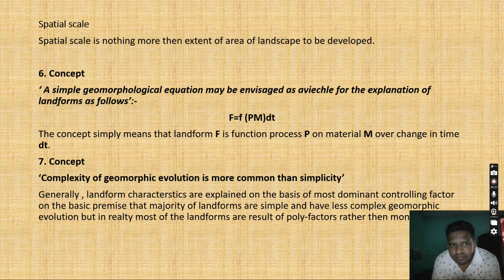What does this concept and equation mean? Basically, this equation is a vehicle that tells about the explanation of a landform. How? Landform F is a function of process P over material M in time dt.